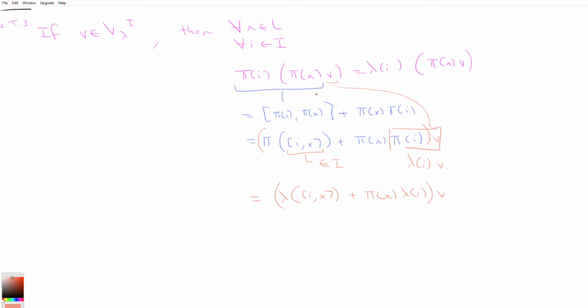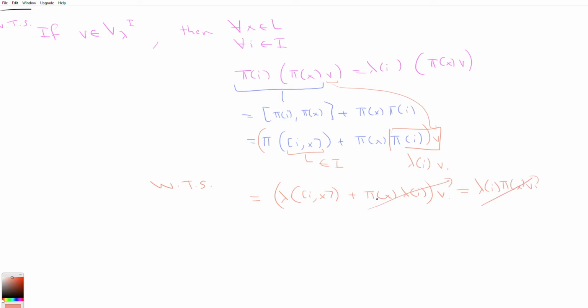And that was just the left-hand side, and so we want to show this left-hand side is equal to our right-hand side, which is lambda of I, pi of x, v. But if you look closely, lambda of I is a scalar, and pi of x is a matrix, so they actually commute, and so we can cancel here.